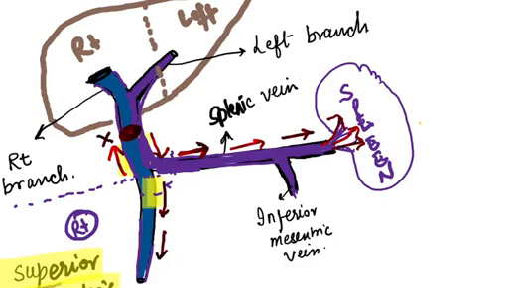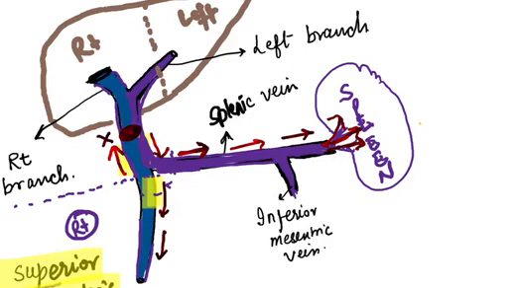Whenever we have a lack of proper drainage or a blockage in the drainage system, there will be increased back pressure, and there will be collection of blood at different sites. So the spleen becomes congested, and it begins to dilate and enlarge.